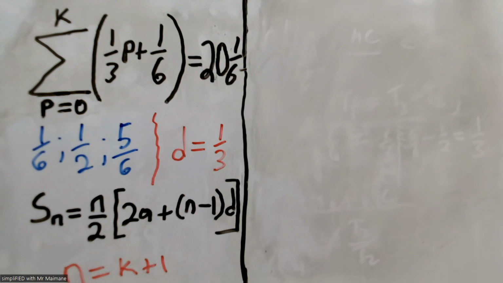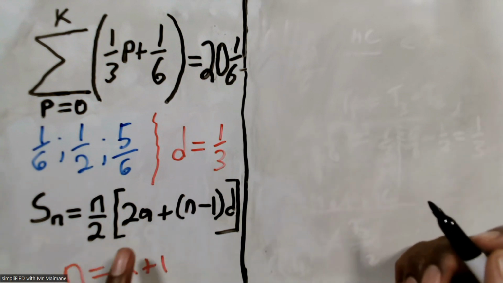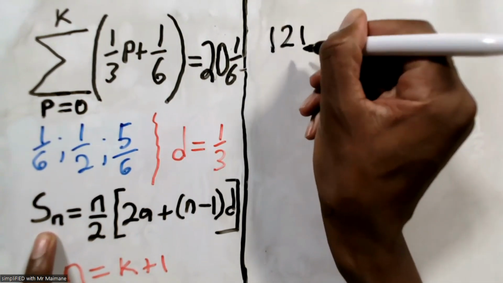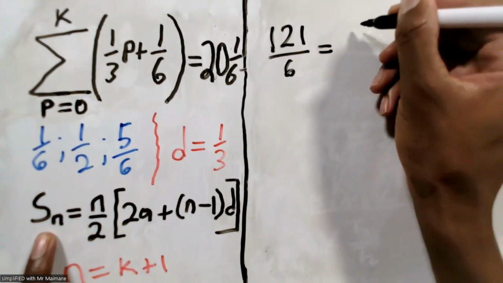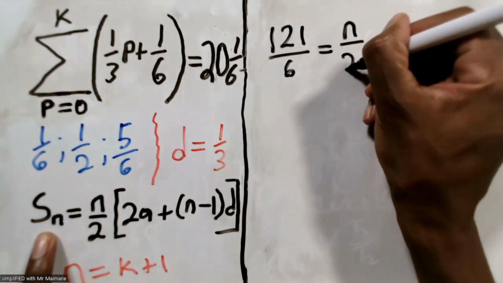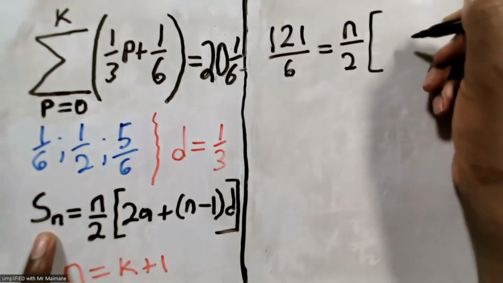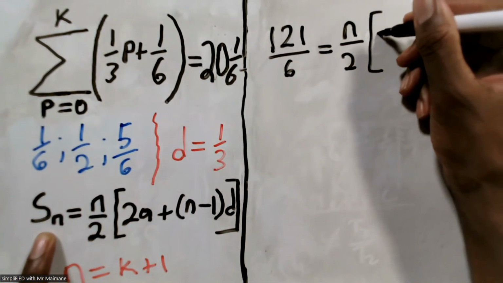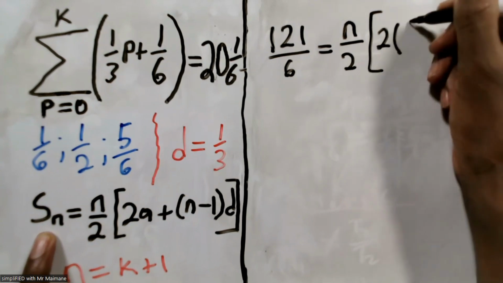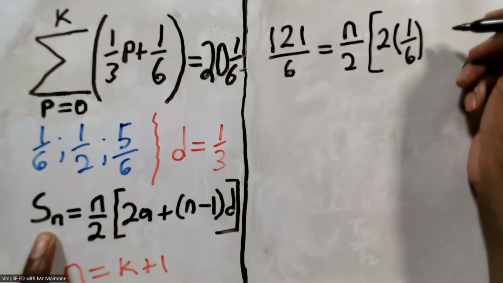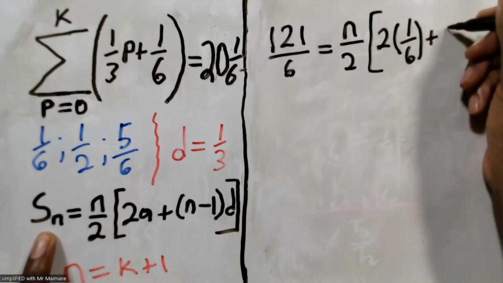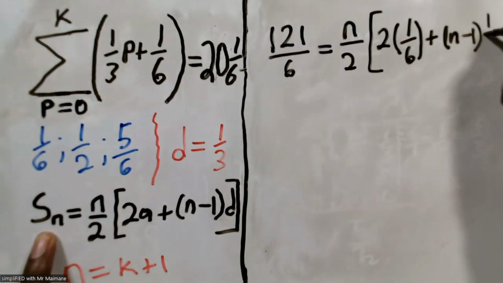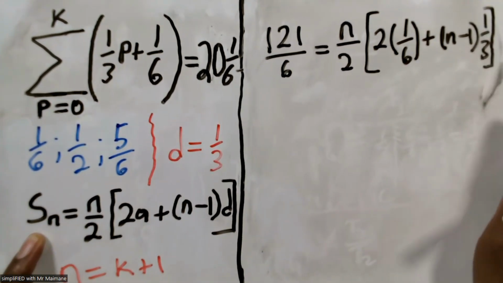So this is how we do it. I'm going to substitute into our formula here. So Sn will be 121 over 6. This is equal to n, which we want to calculate, over 2, into 2 times my a, which is 1 over 6, plus n minus 1 and d is 1 over 3, like that.